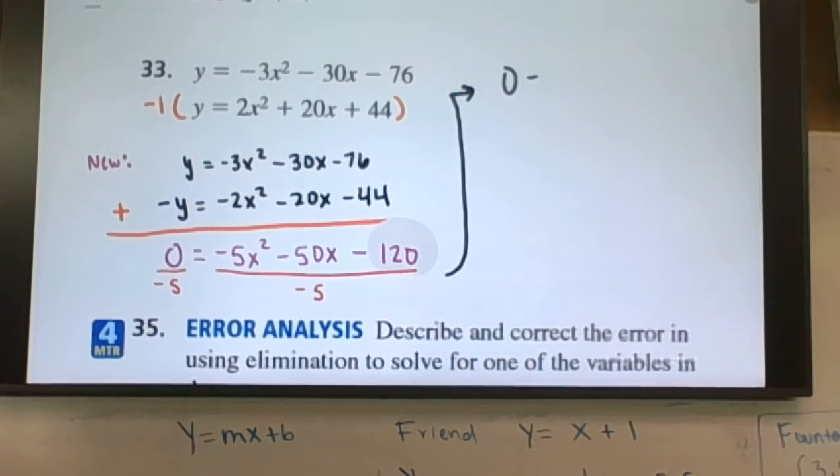And so we're at 0 equals x squared plus 10x plus 24. And I think you guys can factor that. Factor it and solve it.